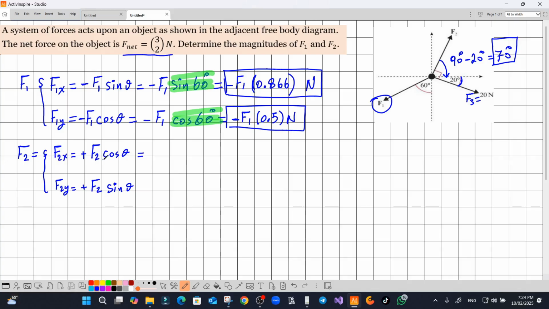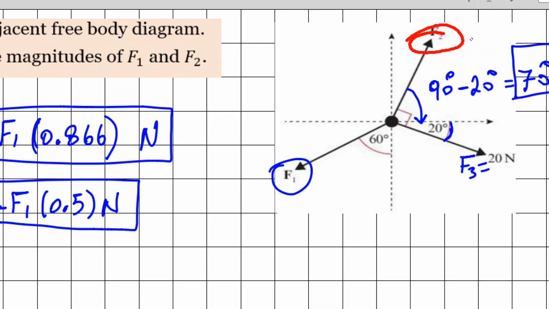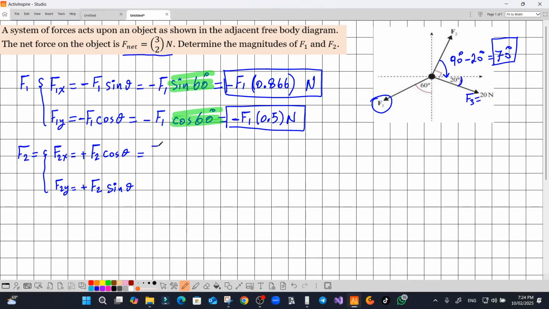Now F2 is not given again, so we don't know what F2 is. Let me keep it unknown. F2 cosine the angle, this time the angle is 70 degrees, and F2 sine the angle, again 70 degrees. Now we can evaluate the sine and the cosine using the calculator. So let's evaluate each value.